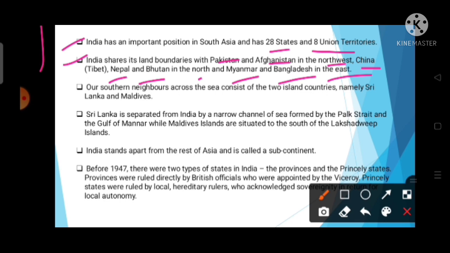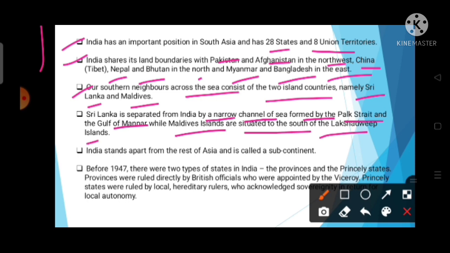Always remember that. Our southern neighbors across the sea consist of two island countries, namely Sri Lanka and Maldives. Sri Lanka is separated from India by a narrow channel of sea formed by Palk Strait and the Gulf of Mannar, while Maldives Islands are situated to the south of Lakshadweep Islands.